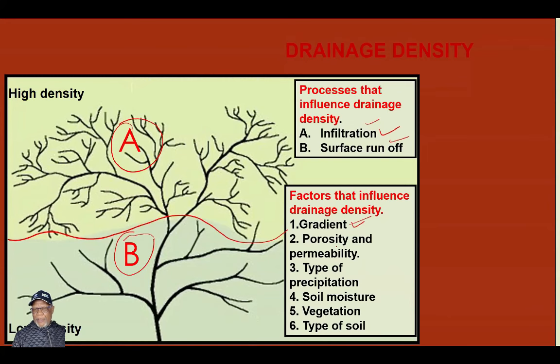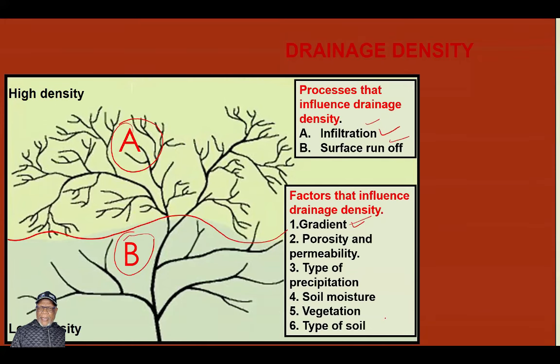Then we have another factor like porosity and permeability. Porosity and permeability is the same as the type of soil, because porosity will determine whether the soil is able to allow infiltration or not. Then what are you saying?